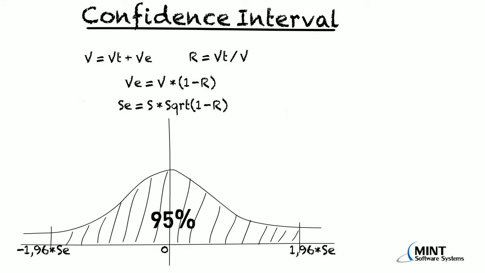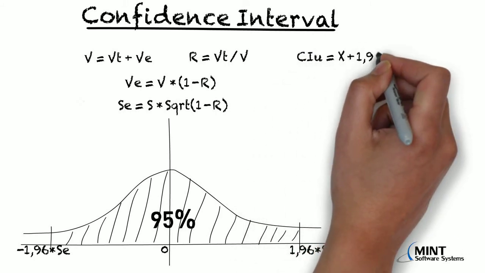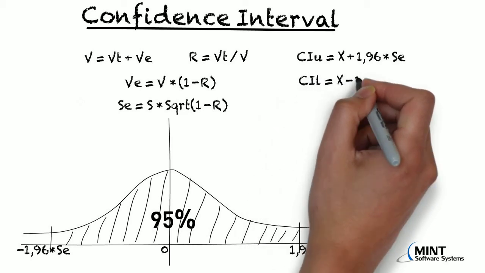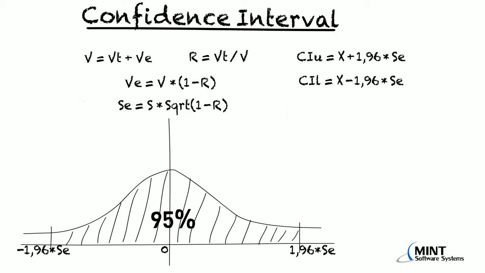This now allows us to compute the confidence interval. Right? The upper limit of the confidence interval is the observed value plus 1.96 times the standard error, and the lower limit of the confidence interval is the observed value minus 1.96 times the standard error.